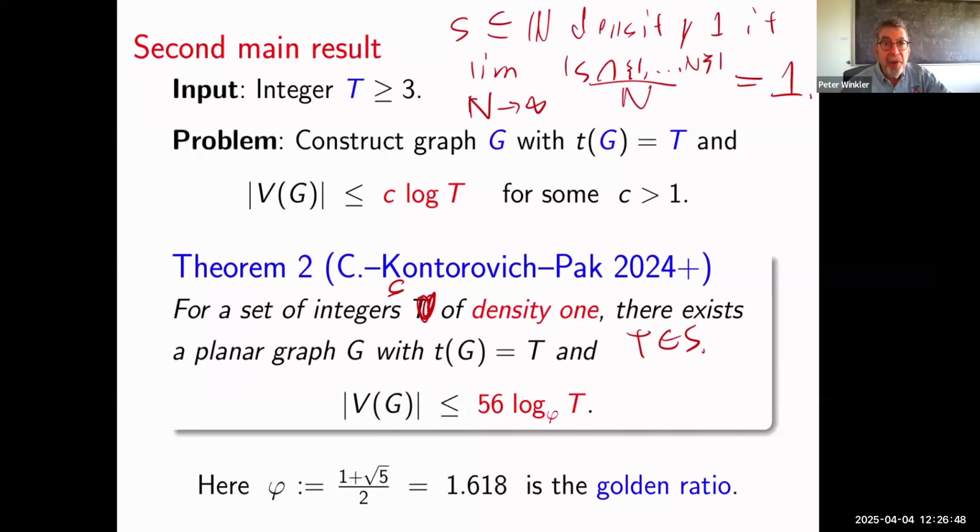Swee Hong, I think you've made your statement too weak. I don't think you want to say that t(G) is in S. You just want to say that for any T in S, there is a graph whose number of spanning trees is exactly that T. Yes, exactly.